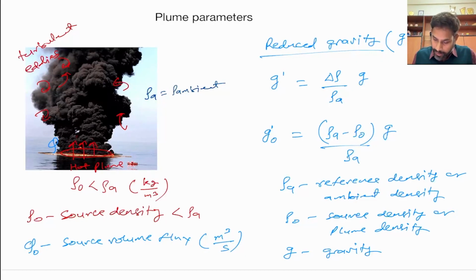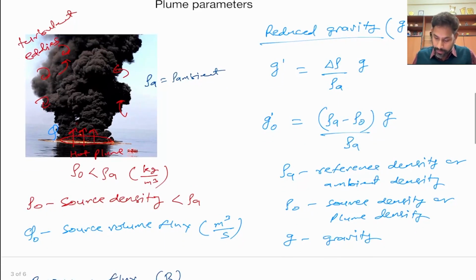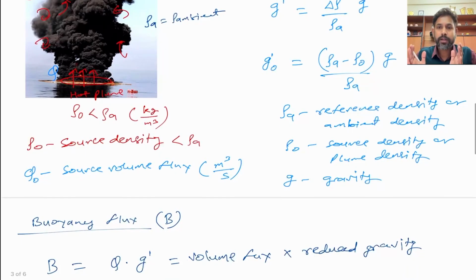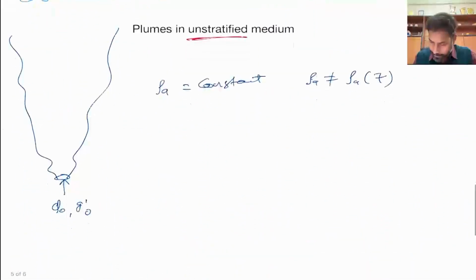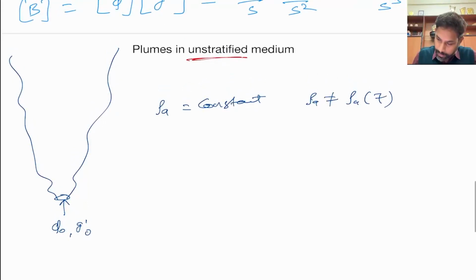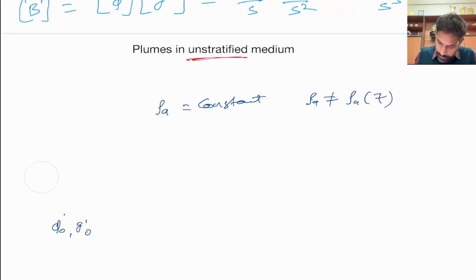And that is why the diameter of the plume increases as we go up. Let me pull that picture here, I think it will be easier to explain.